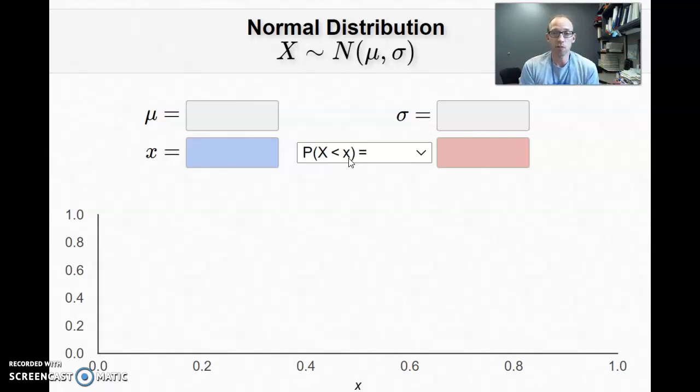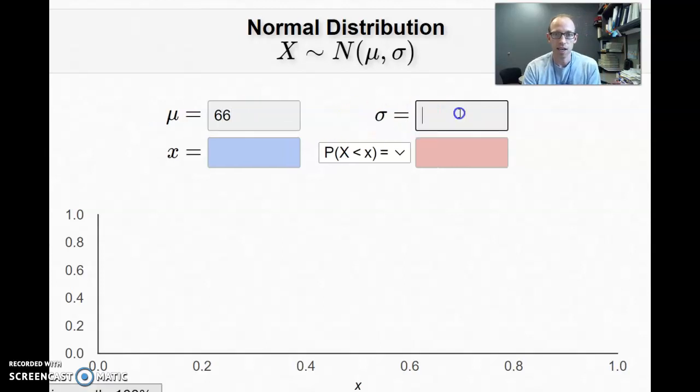So let's jump right into an example. We had talked about the height of adult females in the US in a previous video, and I think the average height is 5'6", I believe, which would be 66 inches.